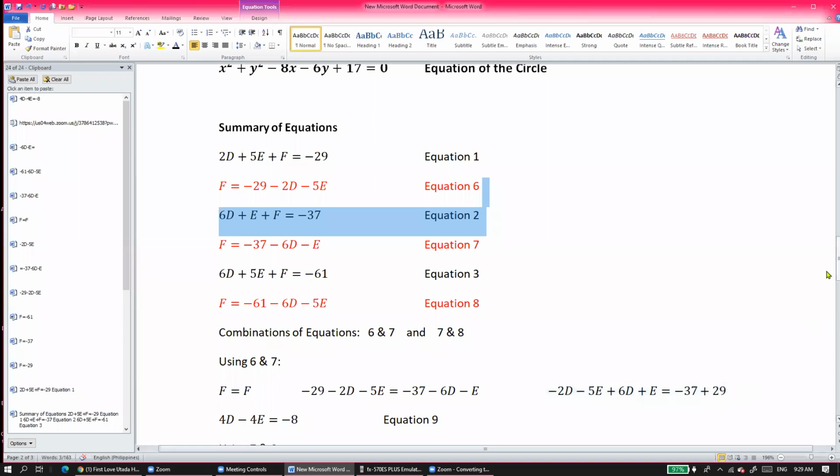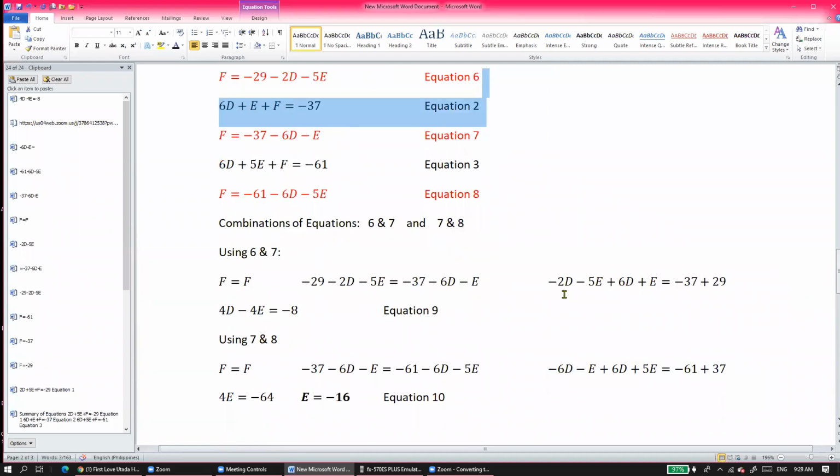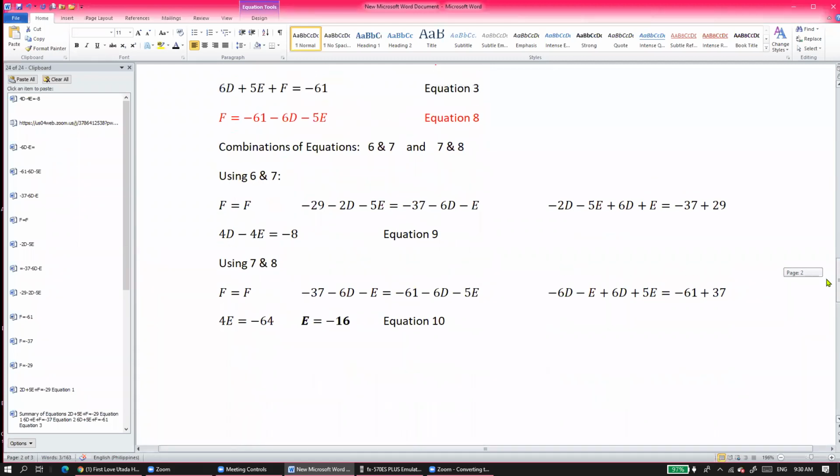Tama naman tayo dyan. Negative 2D and positive 6D is 4D. Negative 5E and E is 4E equals negative 8. And this is equal to negative 8. Tama naman.